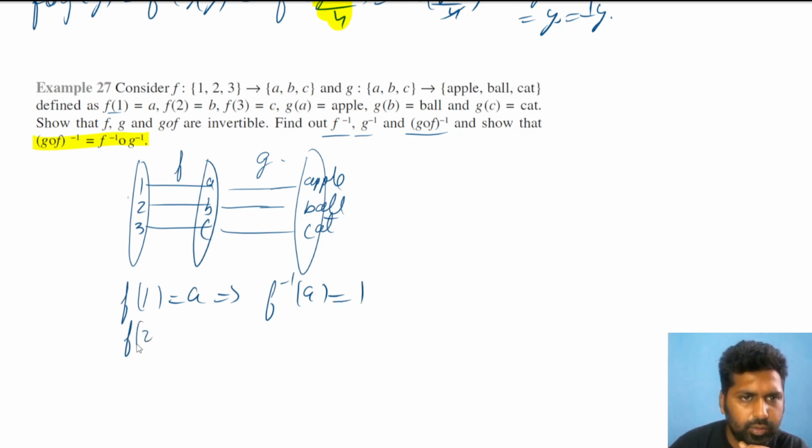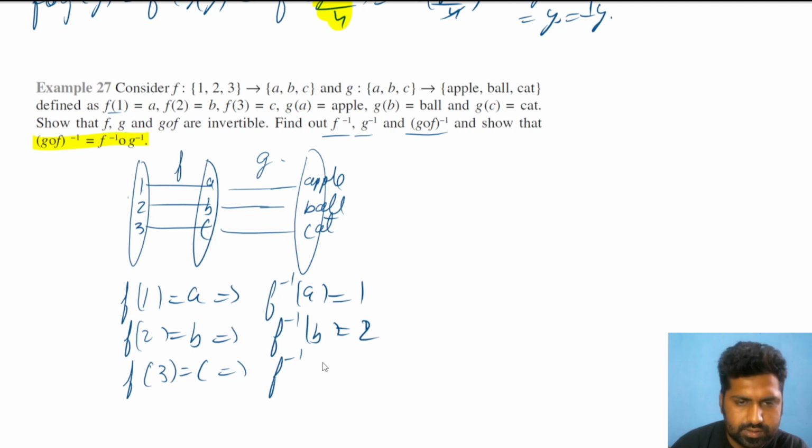Similarly, f of 2 is B, which implies f inverse of B is 2. f of 3 is C, which implies f inverse of C is 3.